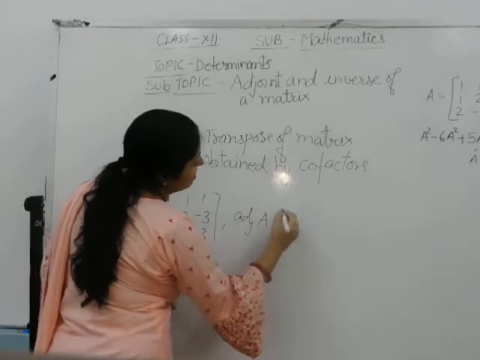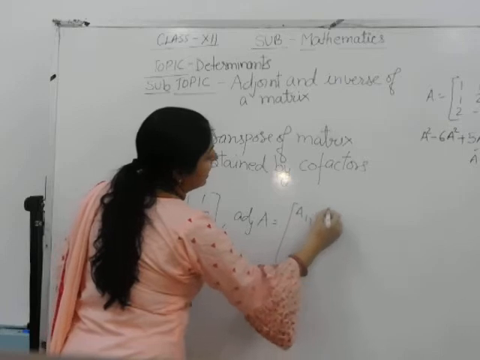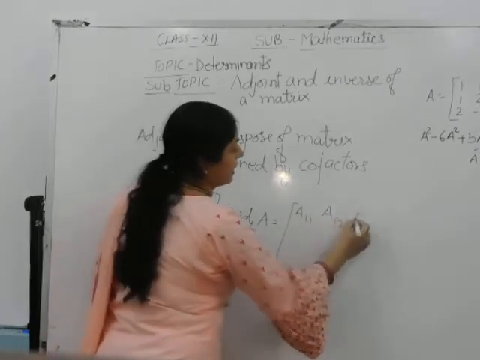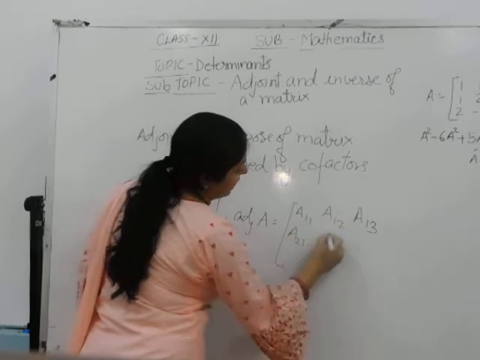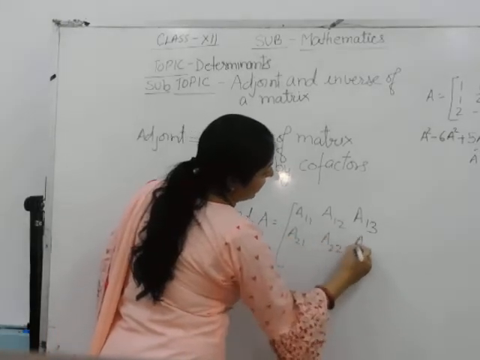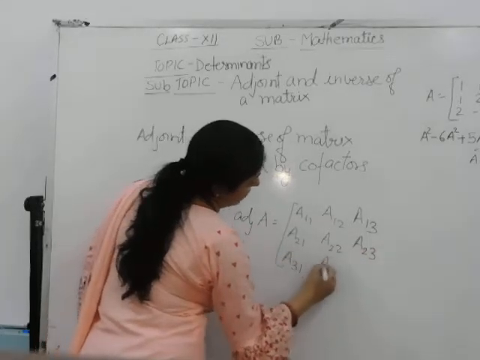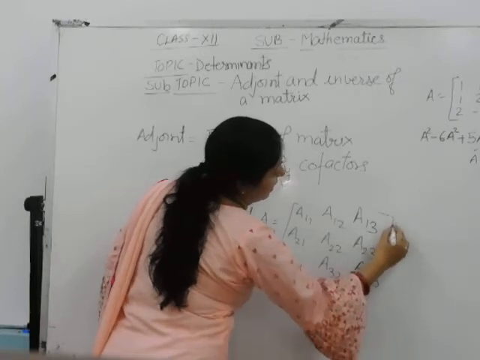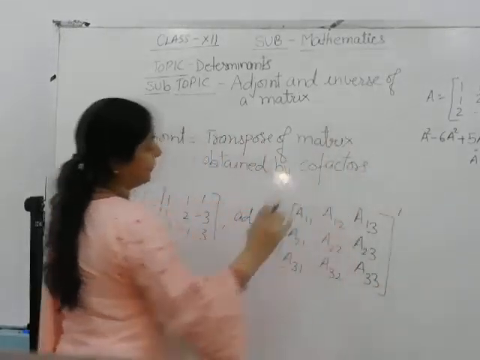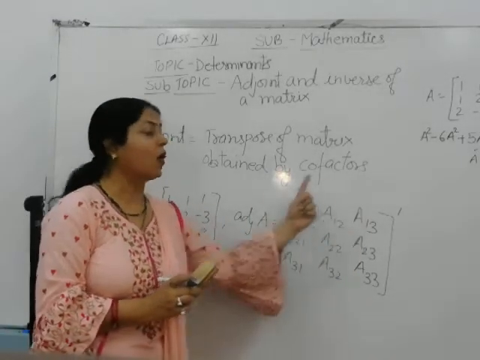Adjoint A means the transpose of the matrix A11, A12, A13, A21, A22, A23, A31, A32 and A33, obtained by cofactors.